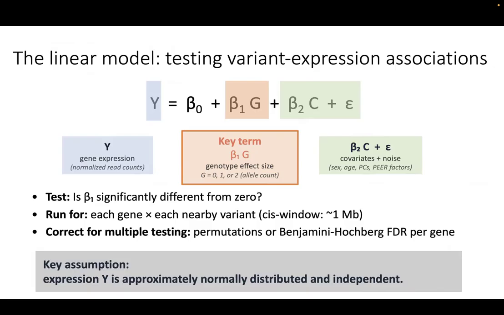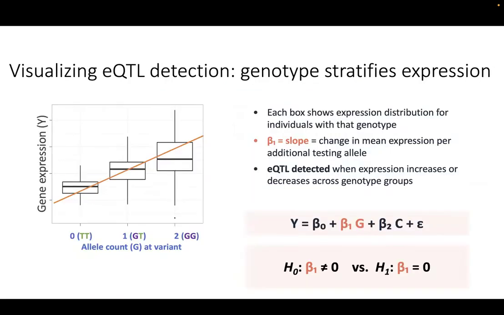Now let us see what this test looks like in the data set. First, let's visualize eQTLs. We can split individuals by genotype, 0, 1, or 2 copies of the effect allele, and plot expression in each group. And the slope here, represented by beta 1 in the linear model, shows the rise in mean expression per additional allele.